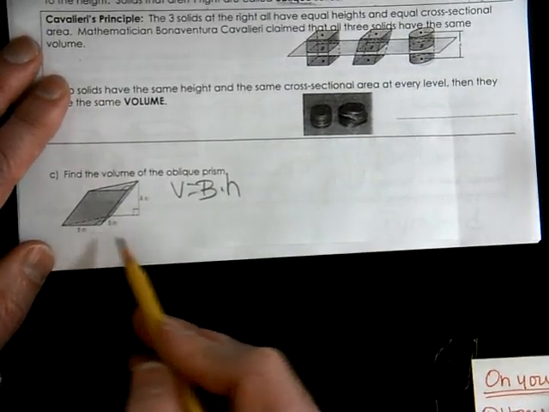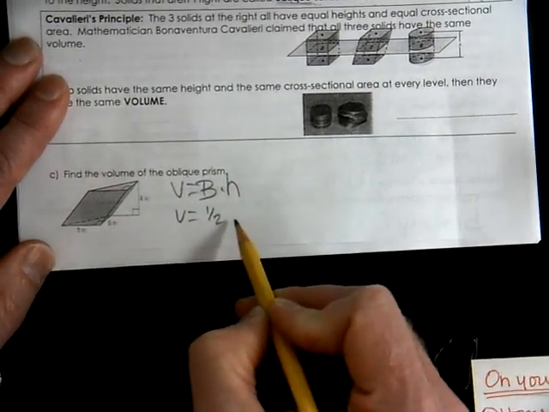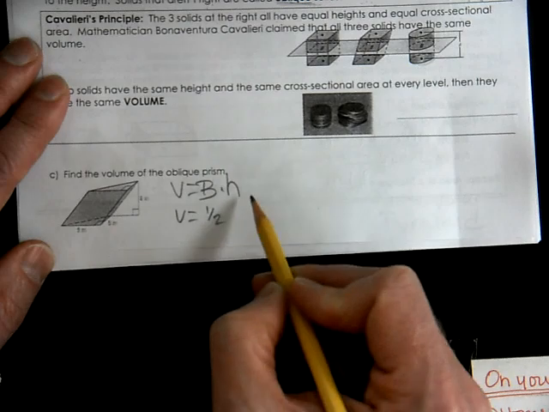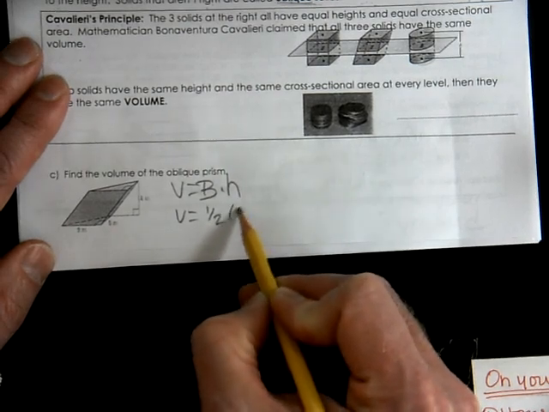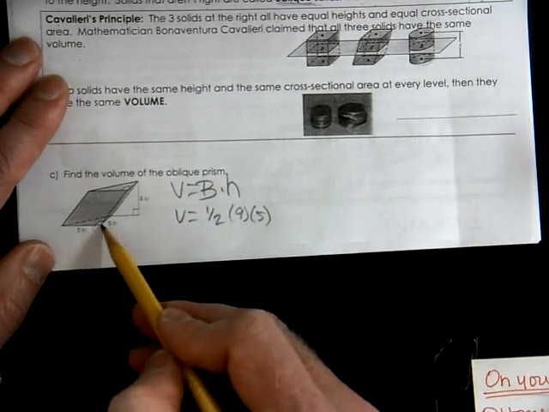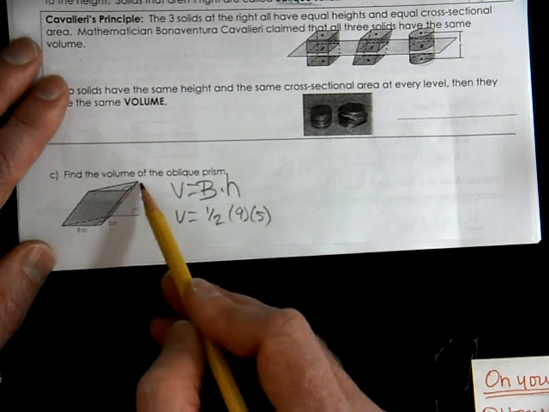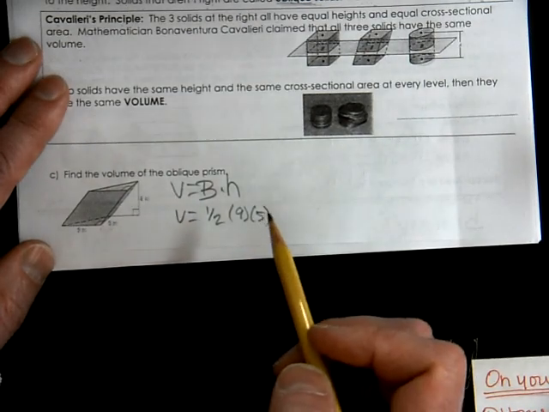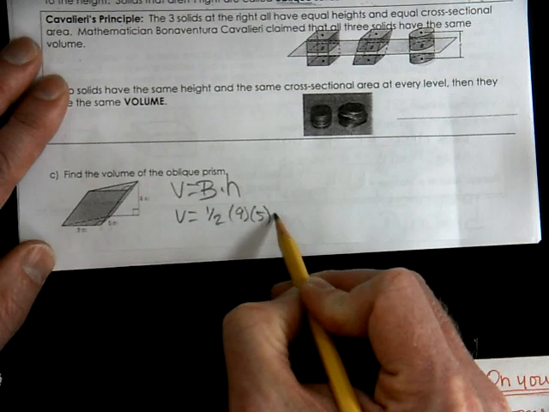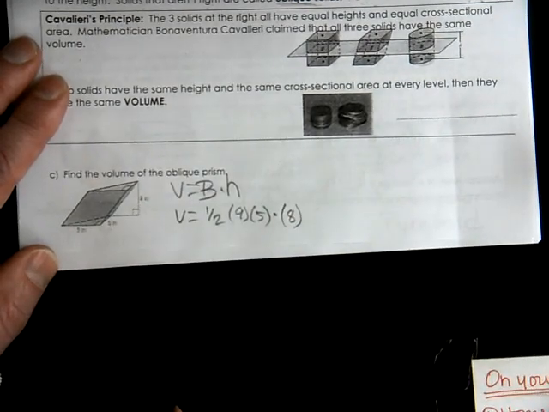The area of the base, in this case, is a triangle of 9 times 5. And the height is the distance between the triangles, and that has to be a 90-degree measurement. We times that by 8.